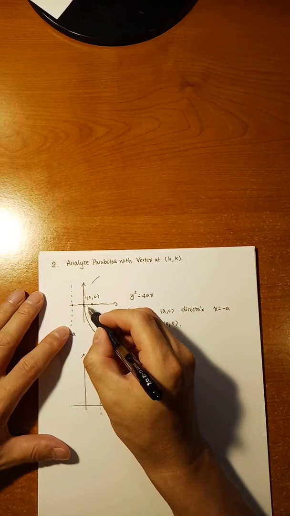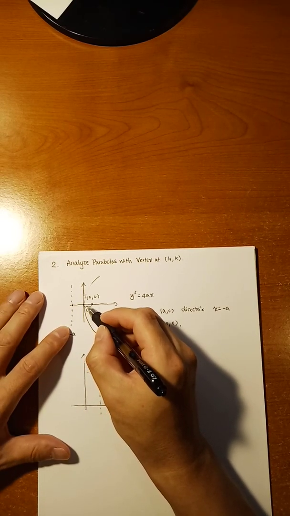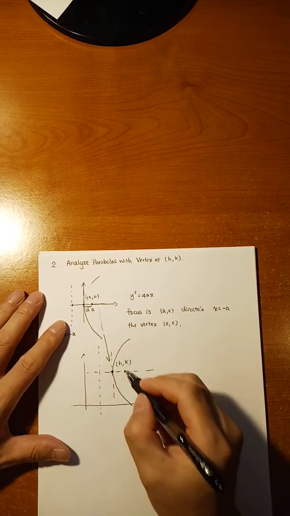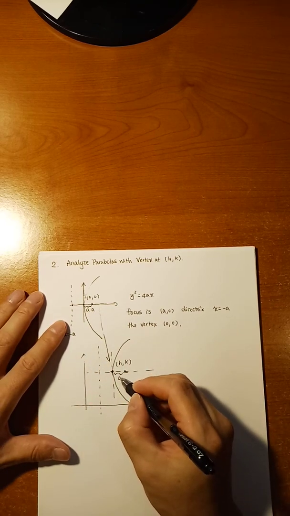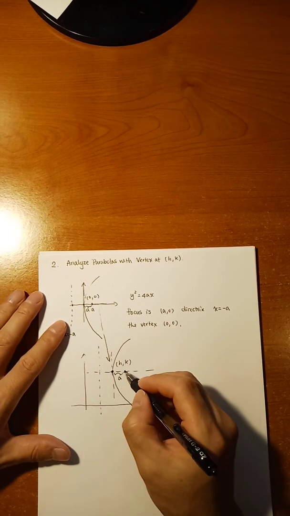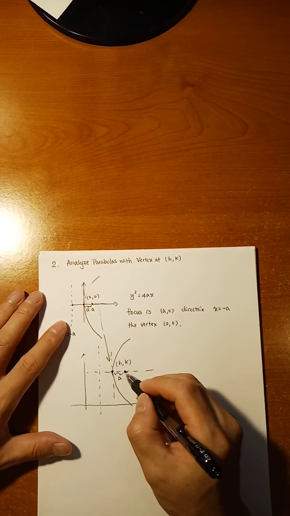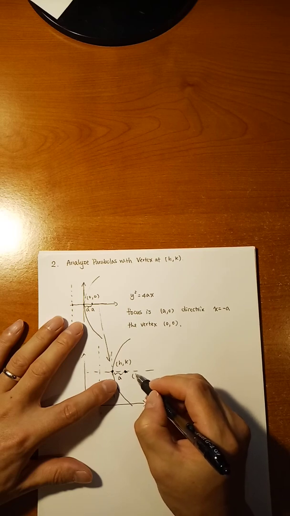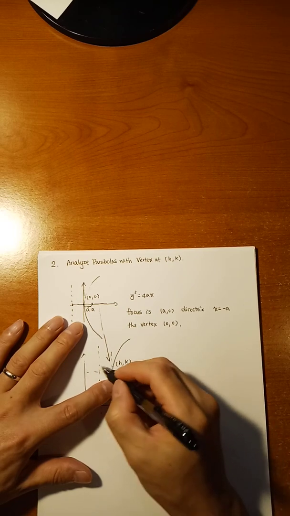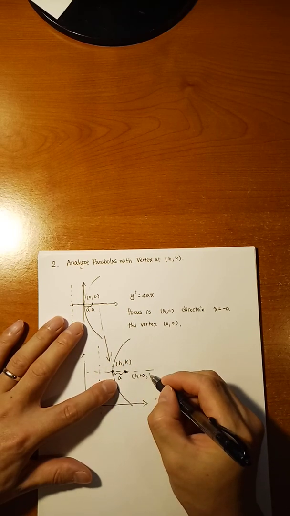So this distance is equal to a. This point, the focus, now has x coordinate h plus a, and the y coordinate, the same height, is k.